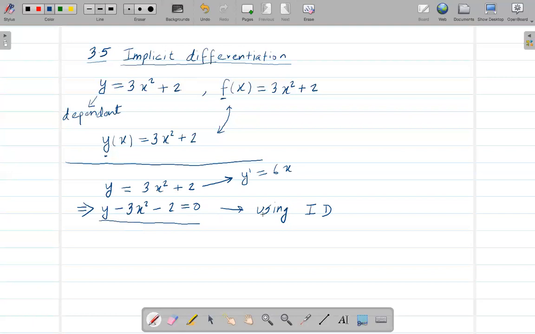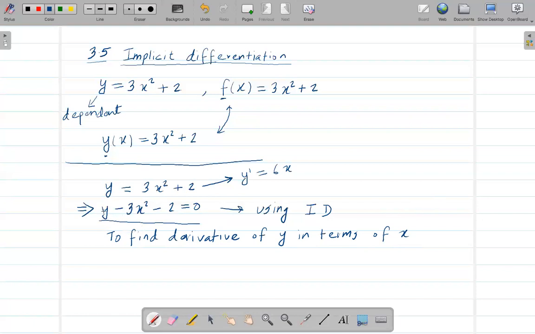Basically here, we are trying to find the derivative of y in terms of x, right?